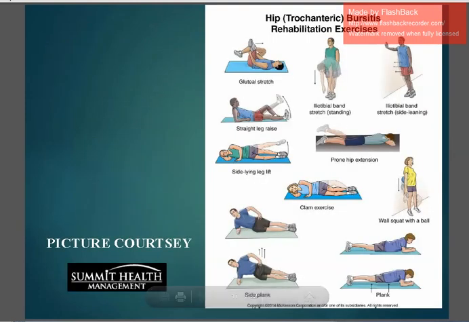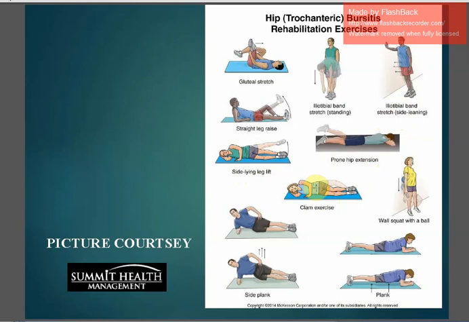In this picture, you can see some of the basic rehab exercises. The first is the gluteal stretch, or you can also say the piriformis stretch, and then this is the straight leg raising. This is the iliotibial band self stretching, that is by standing, crossing the leg, and by this wall leaning stretch. Then you have the prone hip extension, side lying leg lift and clam exercise.